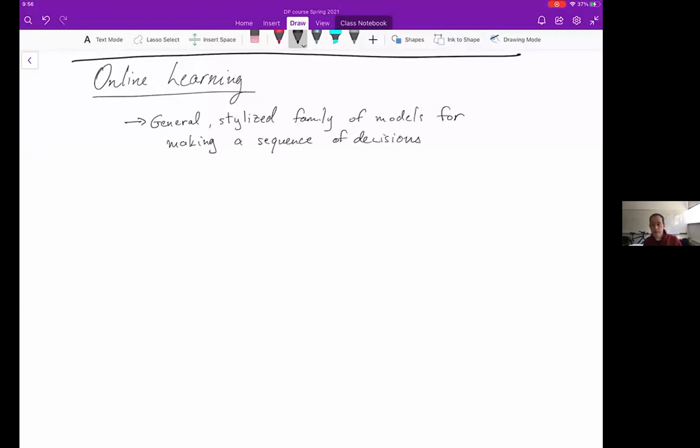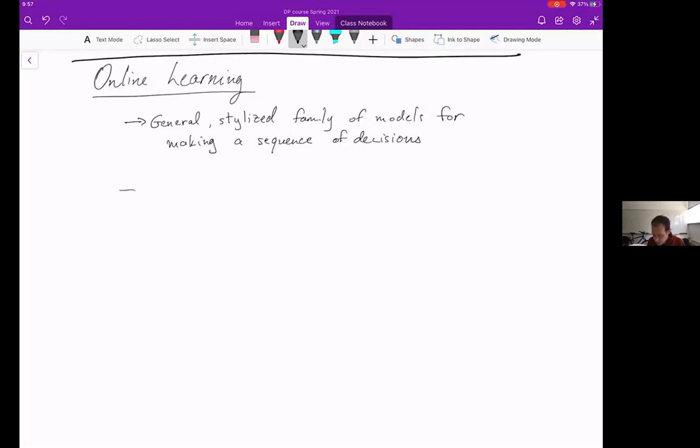And really for making a sequence of decisions in settings where the future behavior of the system you're dealing with is uncertain and could depend on your decisions, your actions in weird and unpredictable ways.